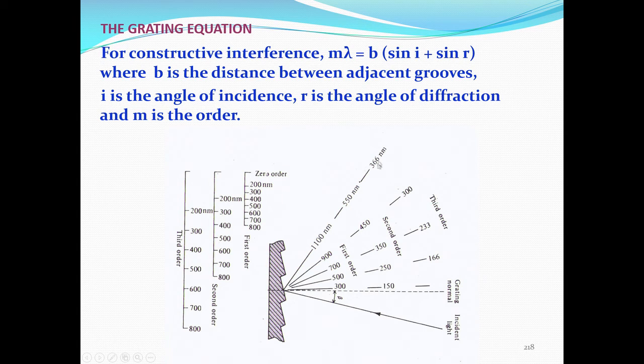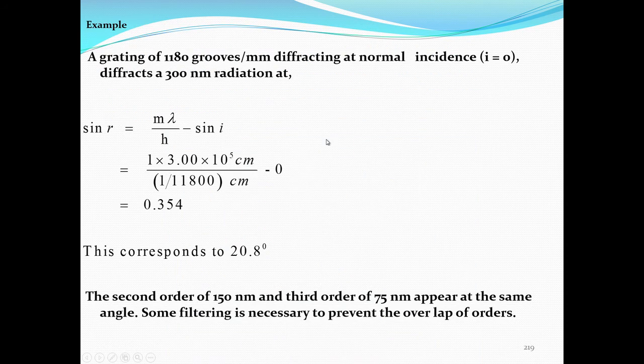I assume the same thing is true with 360. Similarly, if you go for 900, it is always associated with 450 and 300 nanometers, 700 with 350, 233, like that. It is a very simple calculation. You can actually calculate the first order, second order, third order wavelengths using the simple formulas. So, here is a small practical problem.